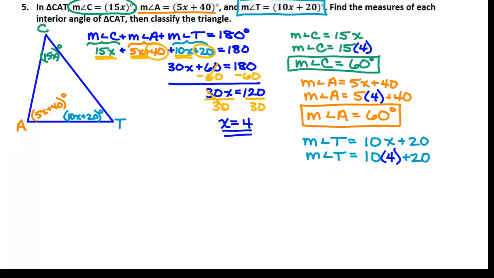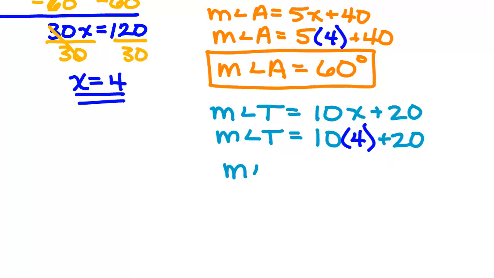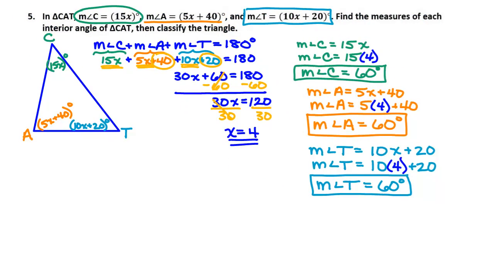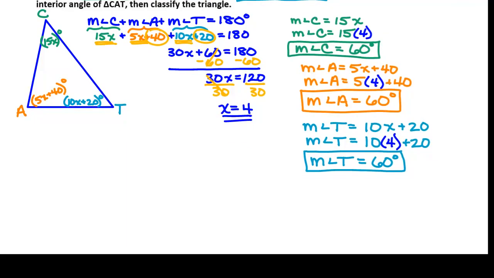Ten times 4 is 40 plus 20, 60. So we get 60 degrees. Okay. Got it. My apologies. All right, so angle C is 60. Angle A is 60. Angle T is 60.